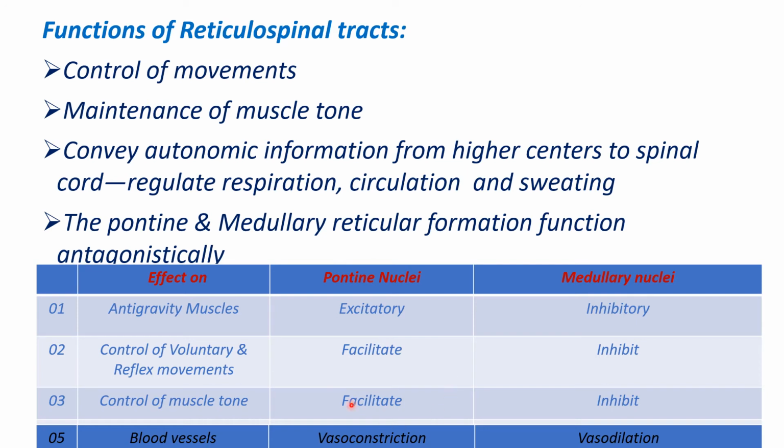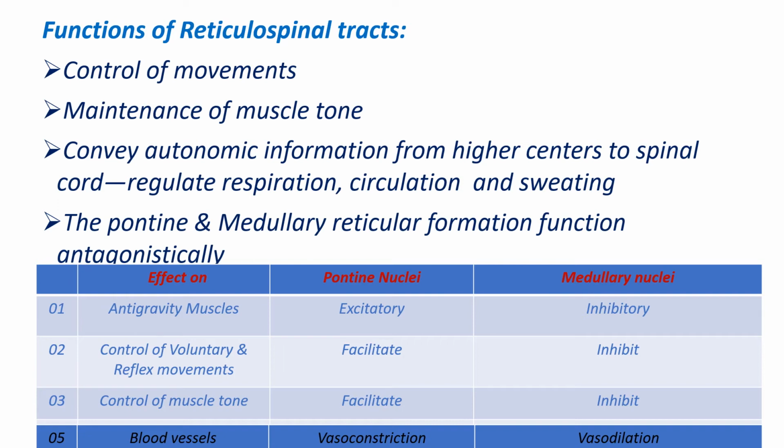They work almost antagonistically with each other, and the other functions are that they convey autonomic information from higher centers to the spinal cord and thus play a role in regulation of respiration, circulation and sweating. A very important thing about these two reticular formations is that normally the reticulospinal tracts cause a counter effect.